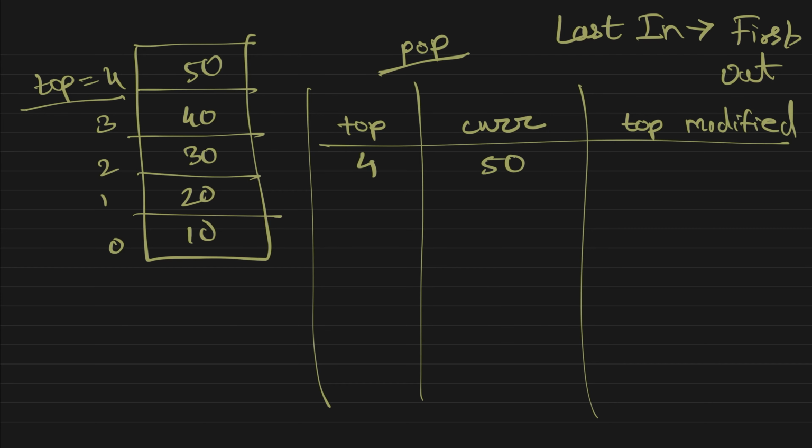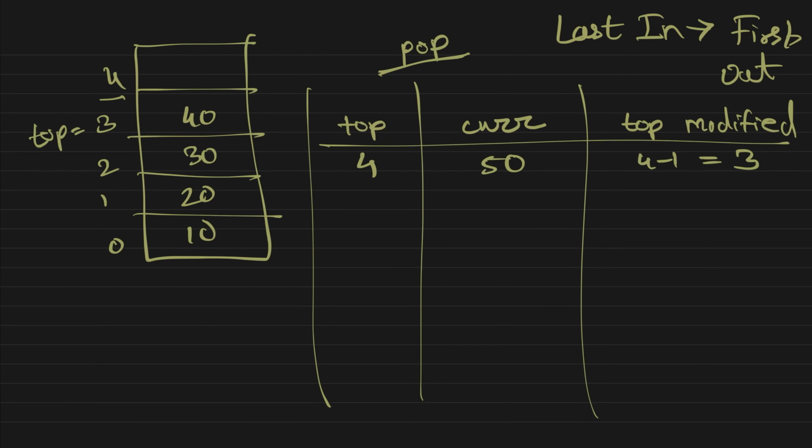When I do a pop, I decrement this value of top by 1. So my modified top value would be 4 minus 1, which is 3. Then this 50 is removed from here, and my top now points to 3.